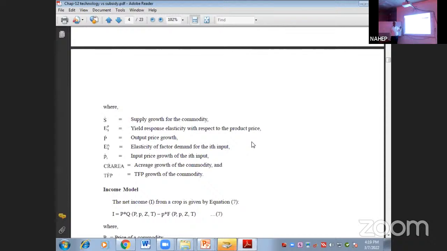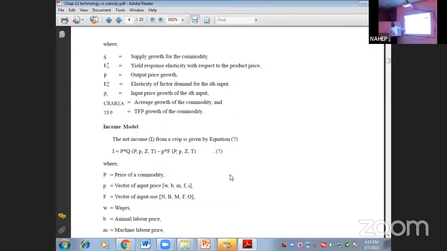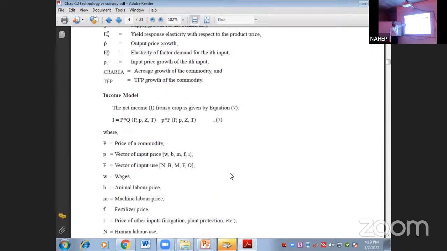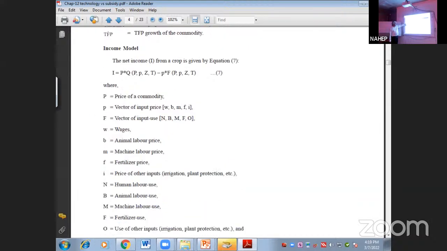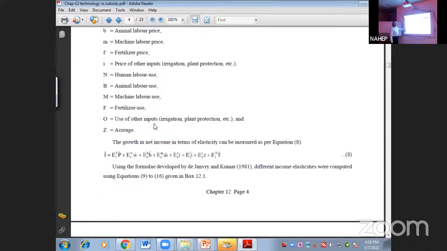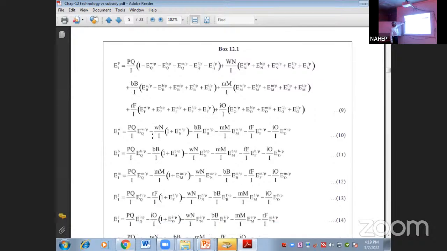Only in the market surplus, generally in the market paper also, you are finding the income model, and this is also a model you will find. And then this is the formula.